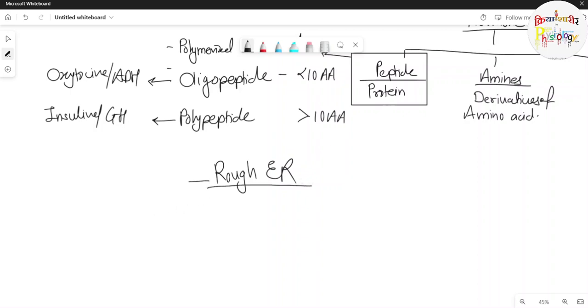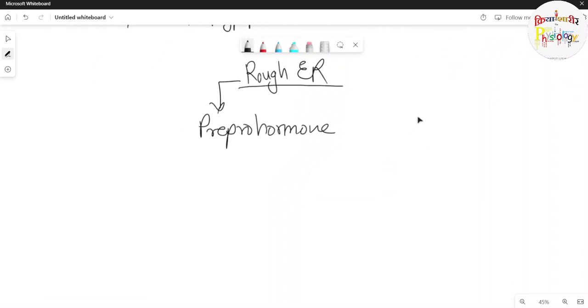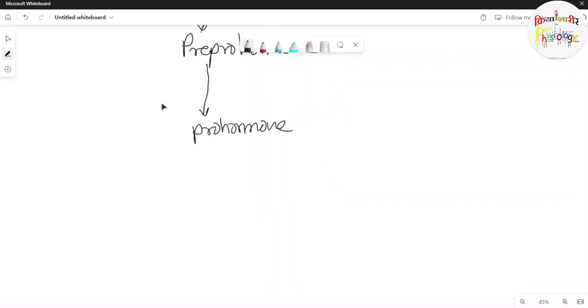First, they form pre-prohormone. This is the first step. After that, the pre-prohormone is cleaved into prohormone. This process occurs in the rough endoplasmic reticulum.